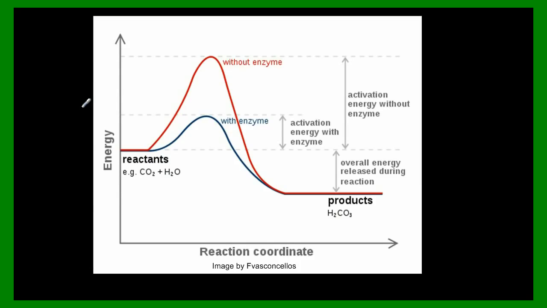The chemical reaction with enzymes, those biological catalysts, will lower the activation energy. Since the energy is lower, you don't need all of this extra energy. This is how much energy you don't need when you have the enzyme present. When the enzyme's present, it makes the chemical reaction go faster.